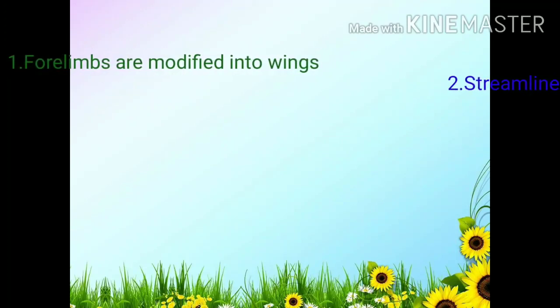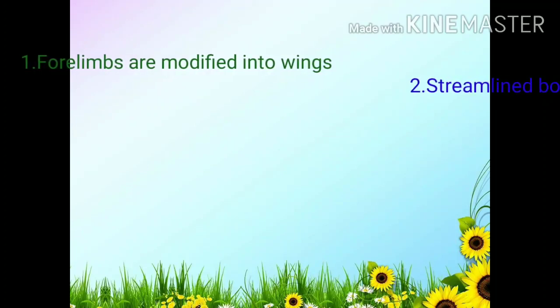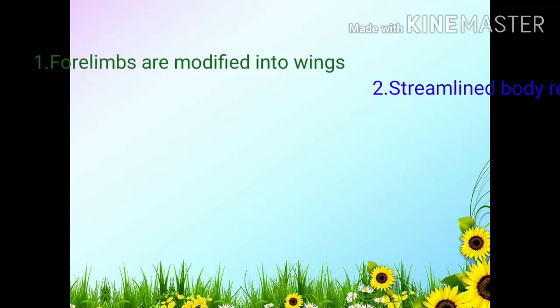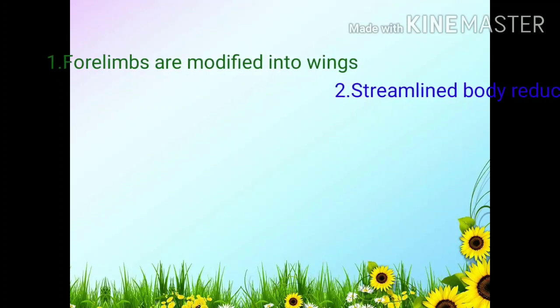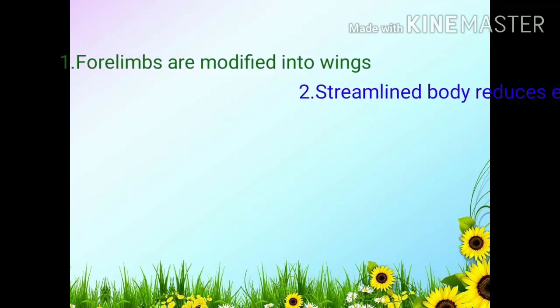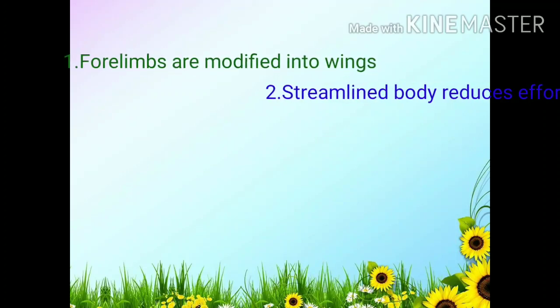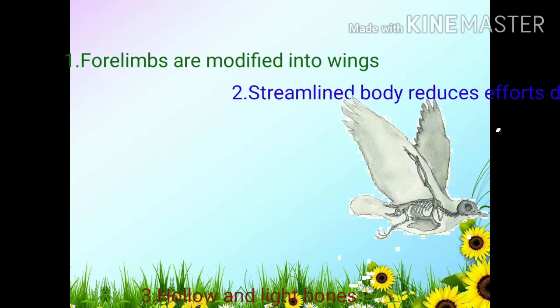Streamlined body reduces efforts required during flight. We have learned before that the shape of the bird's body is streamlined, that is narrow in the head and the tail portion and broad in the middle. So this shape helps the birds to reduce their efforts during flight.